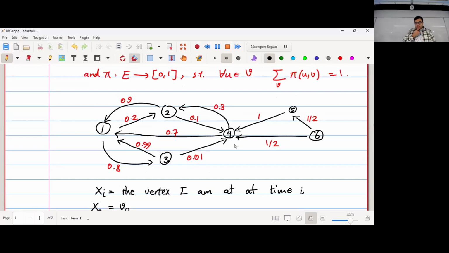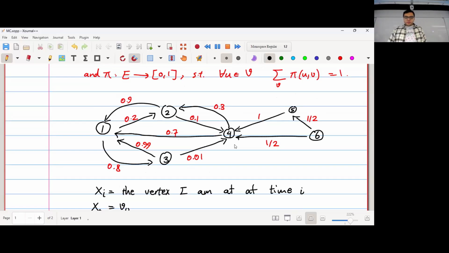What is the probability that I end up at vertex 6? If I start at 1, what is the probability that I end up at 6? 0, because there is no path from 1 to 6. So if I consider the set of all infinite paths that start at 1 and have 6 at some point, that set is empty. And so, of course, the probability assigned to the empty set is always 0.